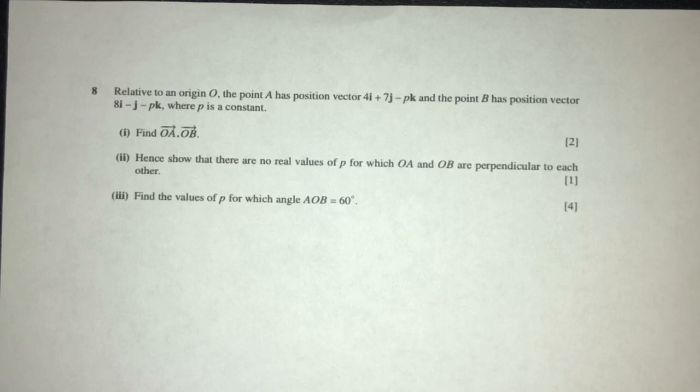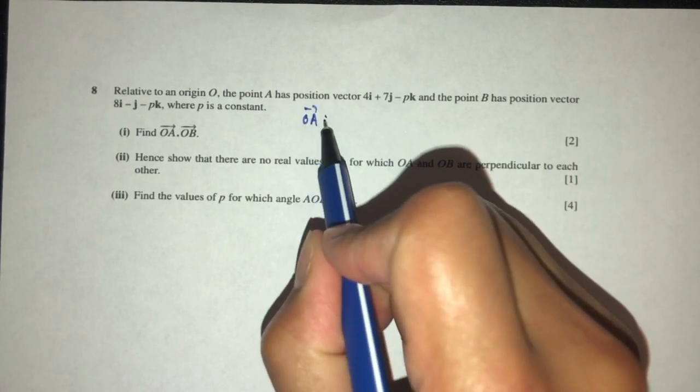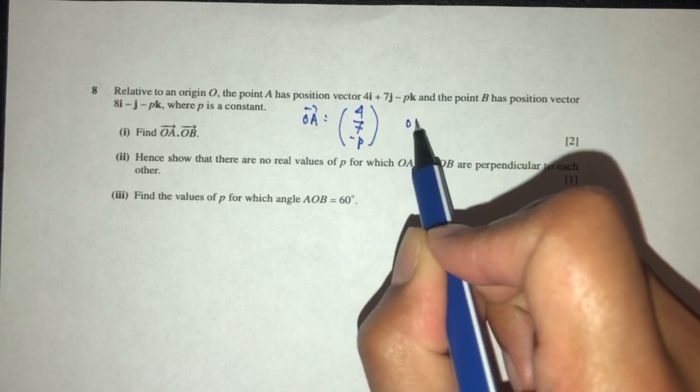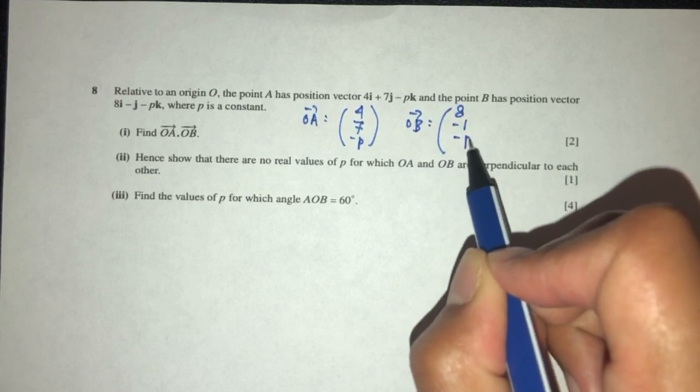Relative to a point O, we have the point A has position 4i plus 7j minus pk, and point B has a position vector of 8i minus j minus pk, where p is a constant. So we can rewrite this as what? OA is equal to (4, 7, minus p), and OB is equal to (8, minus 1, minus p).